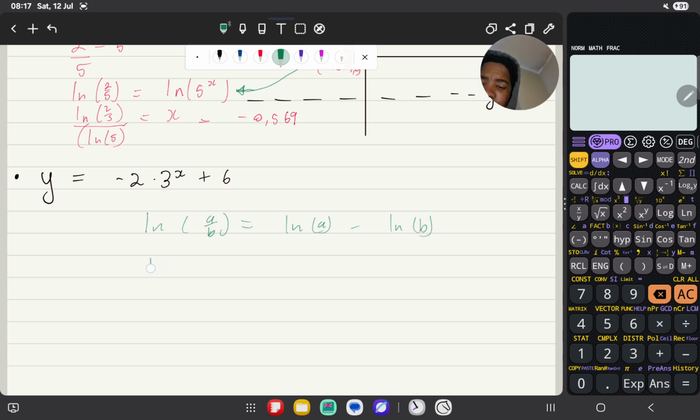All right, we have ln of a multiplied by b, it's going to be ln of a plus ln of b, right? And the one we did use, ln of x to the power of n, is going to be n ln of x, right?